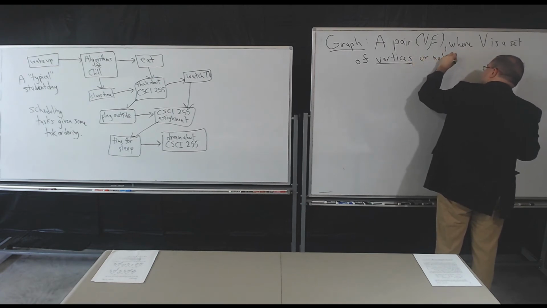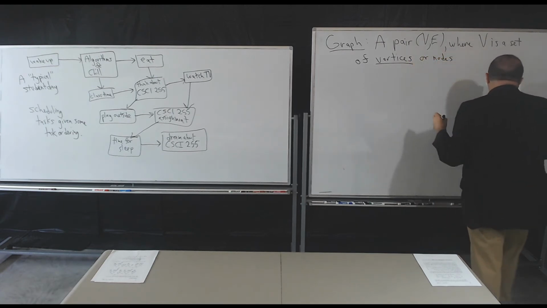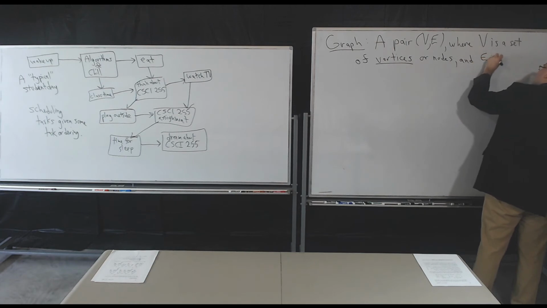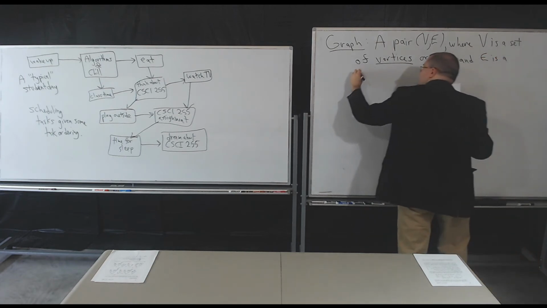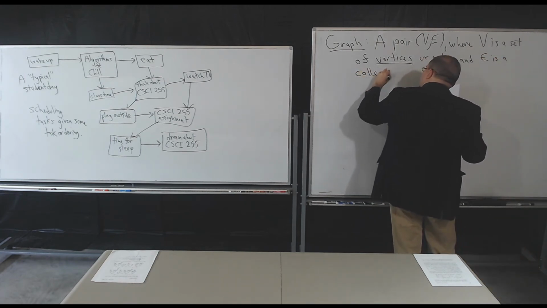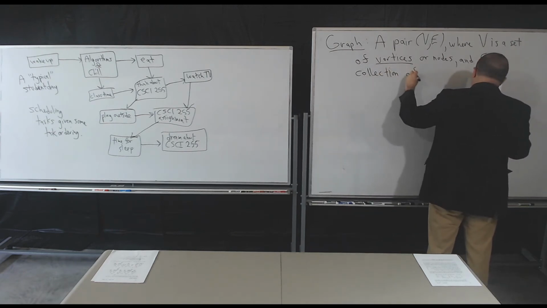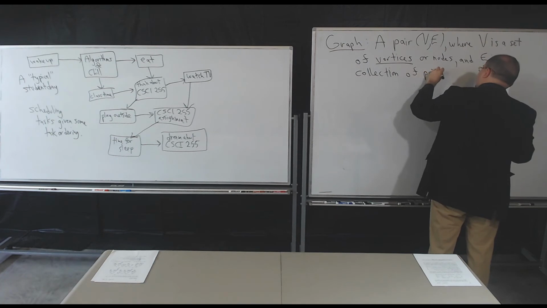I'll typically use the phrase vertices. And E is a collection of pairs of vertices.